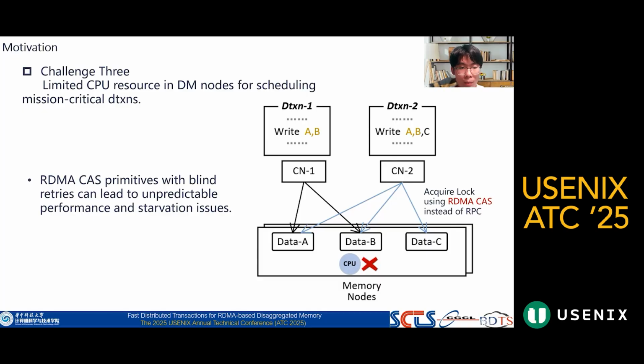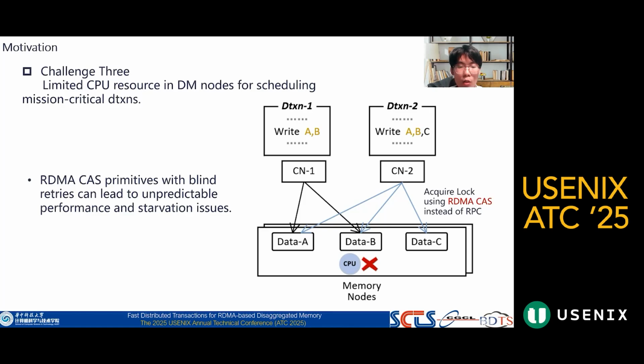Number 3, limited computing resource makes it difficult to schedule transactions. In a disaggregated memory system, computing nodes use RDMA compare-and-swap to acquire locks with blind retries instead of remote procedure calls. This leads to high tail latency and even starvation problems.